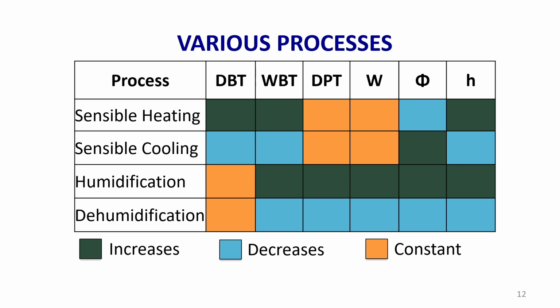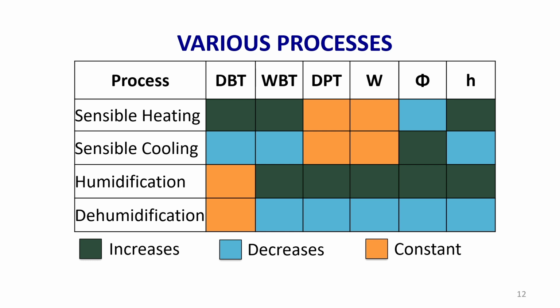The green color represents increase in that particular property. Wherever I have mentioned green color, that means that property increases. Blue color is the property decreases, and the sandal color is neither increasing nor decreasing. Sensible heating process, dry bulb temperature increases, the wet bulb temperature also will increase. Dew point temperature remains constant.